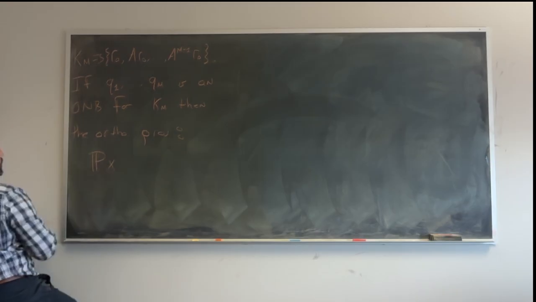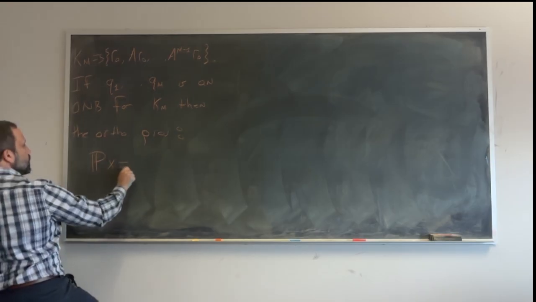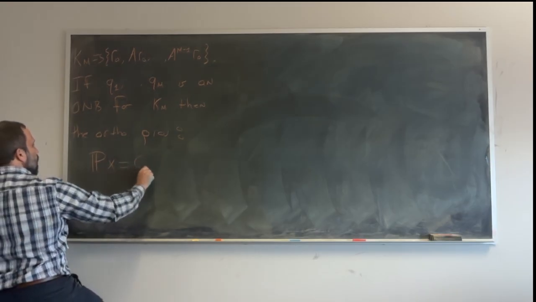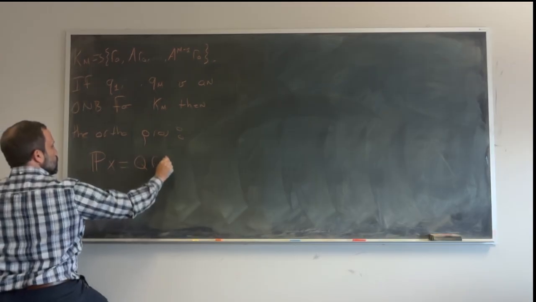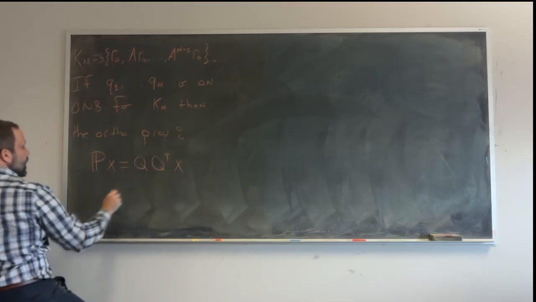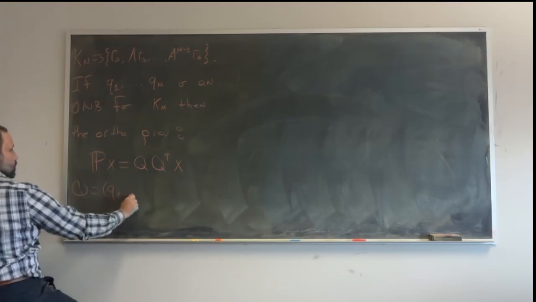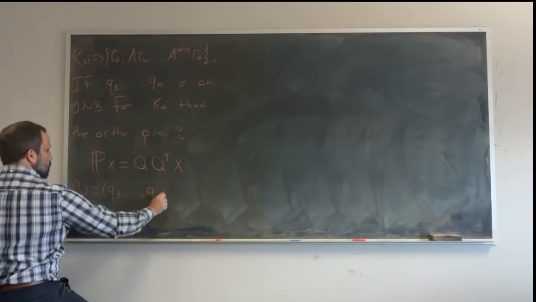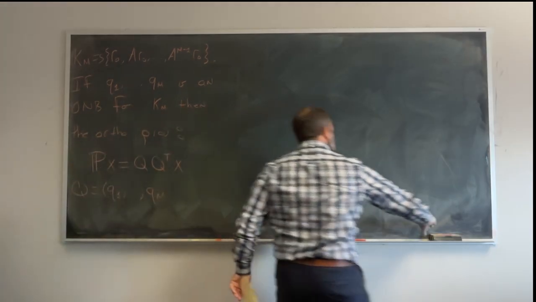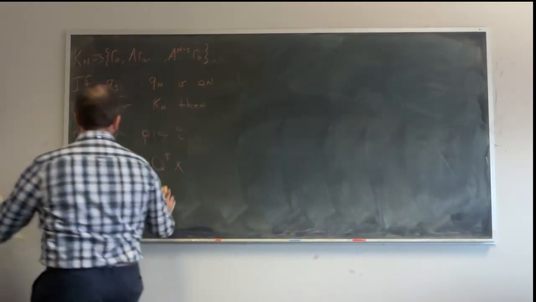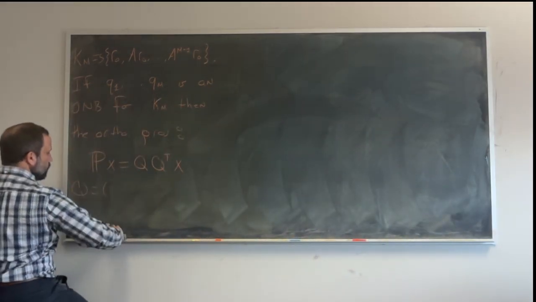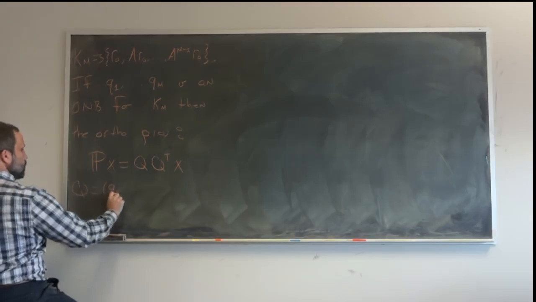The projection of a vector x onto this subspace is going to be equal to Q times Q transpose x, where Q is the matrix whose columns are given by these orthonormal vectors Q1 through Qm.